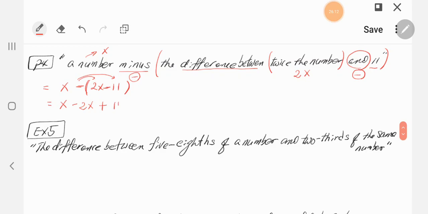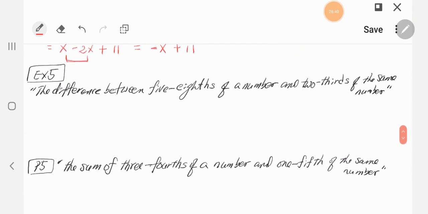Plus 11, because we're multiplying by negative. So combine the like terms. So x minus 2x. This means 1 minus 2. So negative 1. Negative 1x. Once we add these two, it becomes what? Negative 1x, which is negative x.